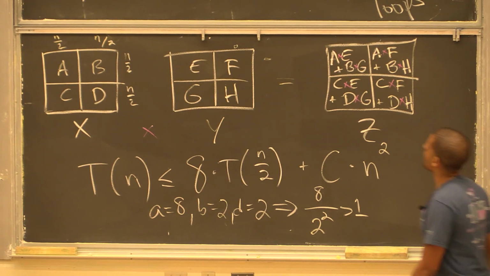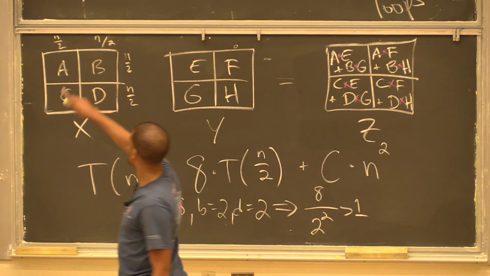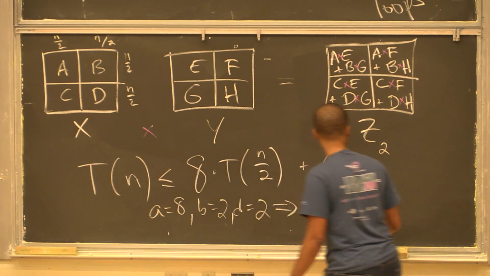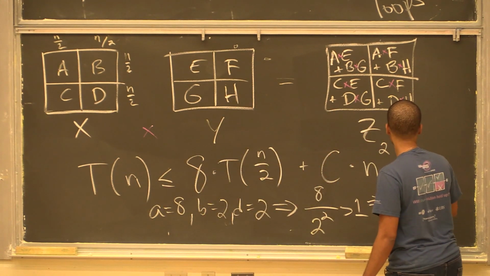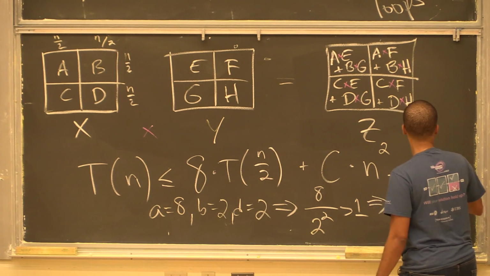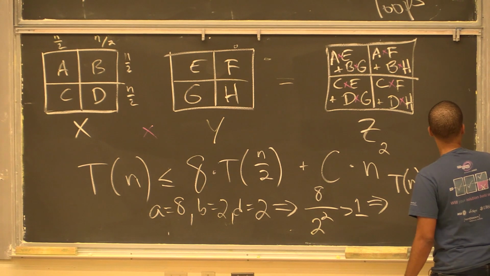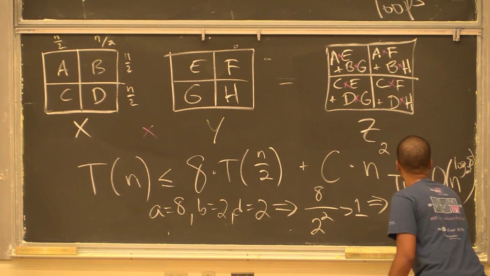So we have that our runtime is n to the log base B of A, which is n to the log base 2 of 8. So this implies T of n is big O of n to the log base 2 of 8, which is n cubed.